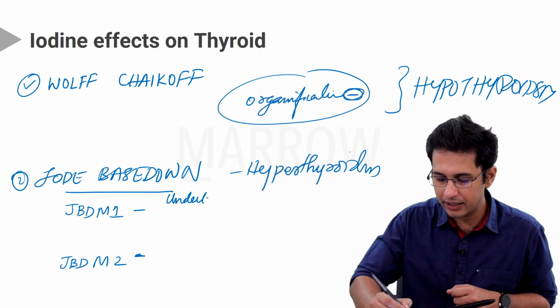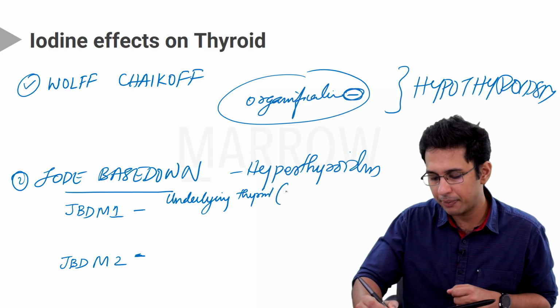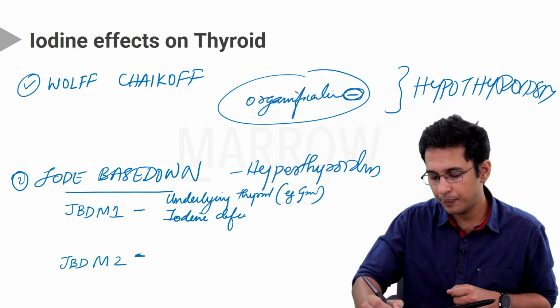It will take up all the iodine because of the underlying Graves' disease and the underlying iodine deficiency. It will produce hyperthyroidism, excess hormones, right? So in the first mechanism, there is an underlying hyperthyroid disease, for example Graves, and it occurs in an iodine deficient area.